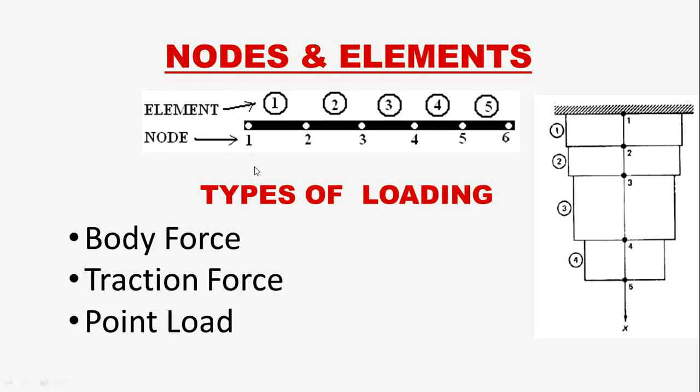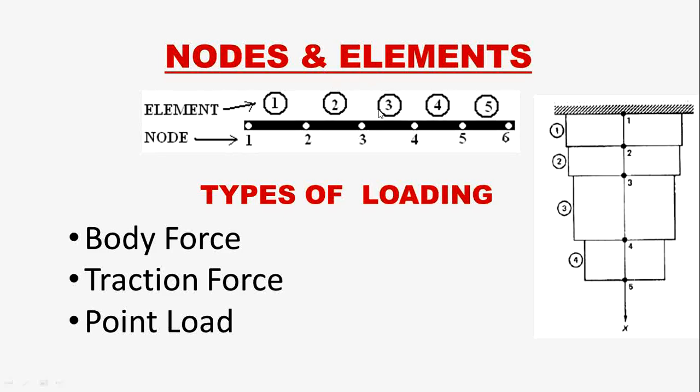In this you can see a bar which has been divided into 5 elements. You can see these white dotted ones, which we call nodes, and the encircled numbers we call elements. So this is element numbering and this is node numbering.